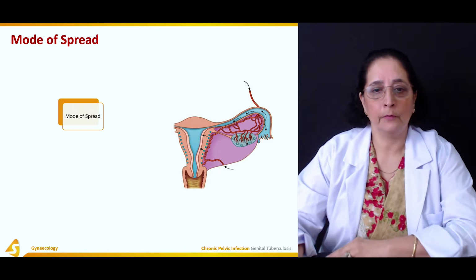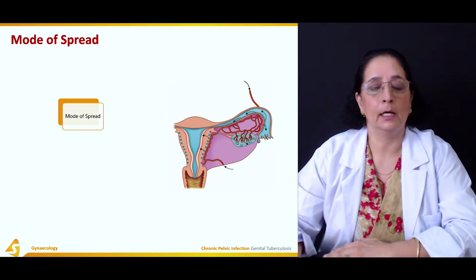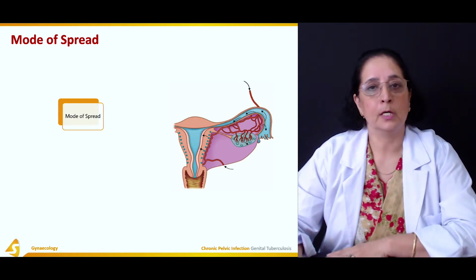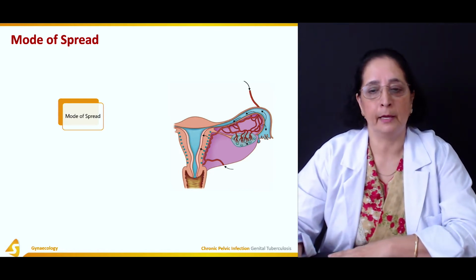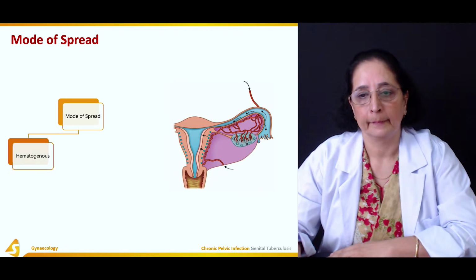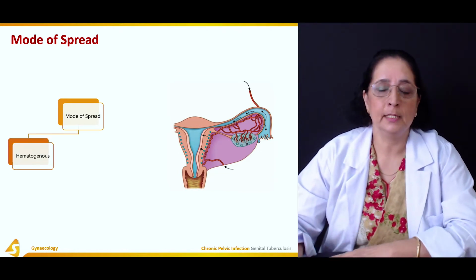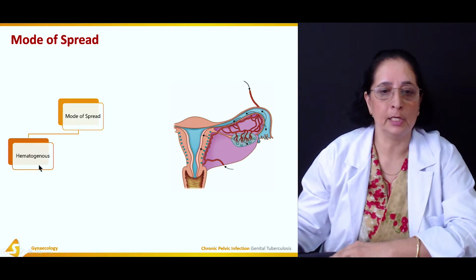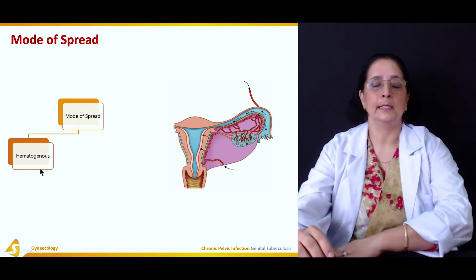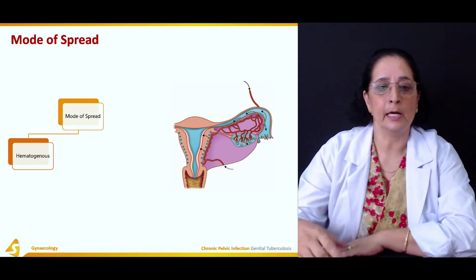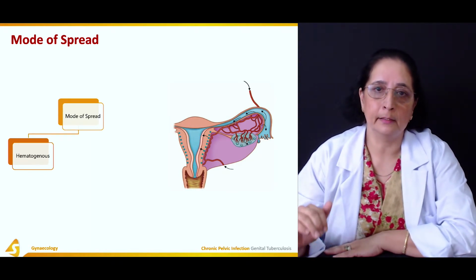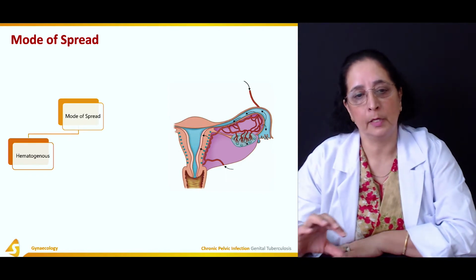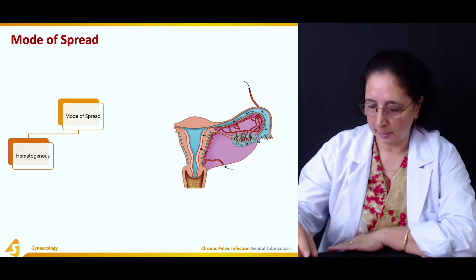Now, the mode of spread of tuberculosis means what are the different means by which it can spread. Hematogenous spread is through the bloodstream. Hema is blood. The tubercle bacillus can enter the blood, and as the blood goes to different organs of the body, it can carry the microorganisms.